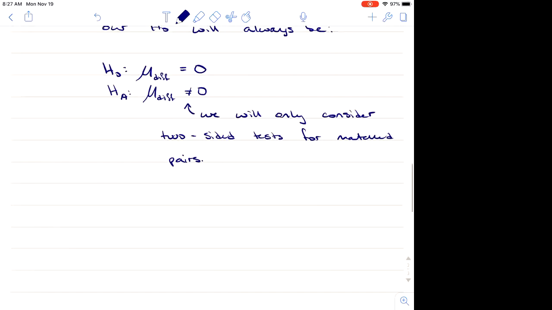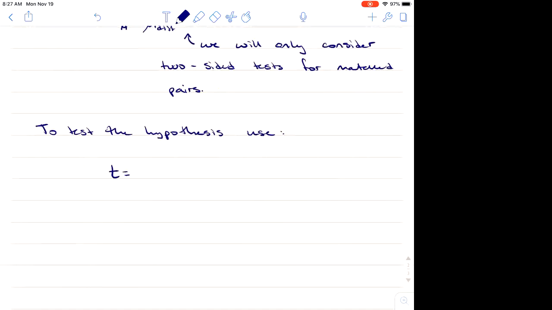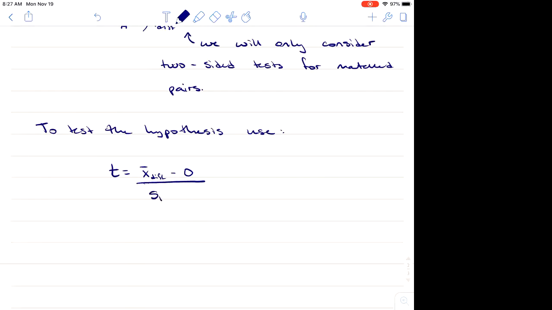But to test the hypothesis, use T equals X bar sub diff, technically minus 0, we'll talk about that, over S diff over the square root of N diff.